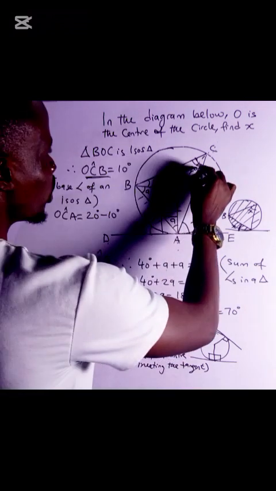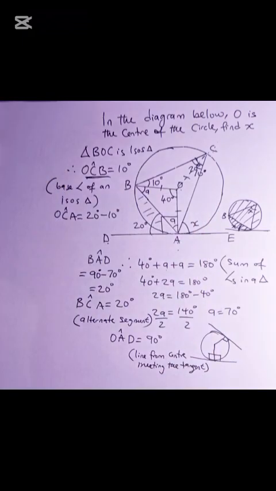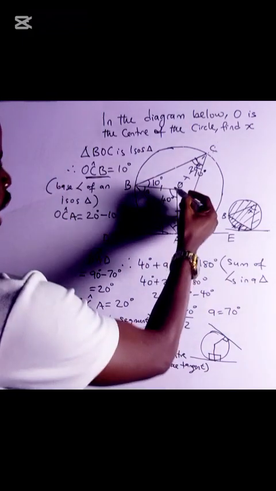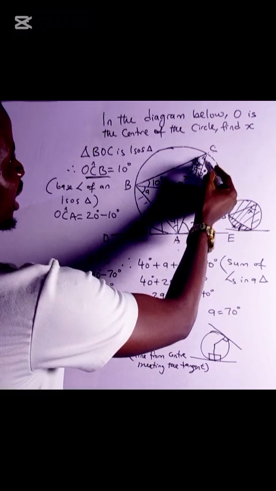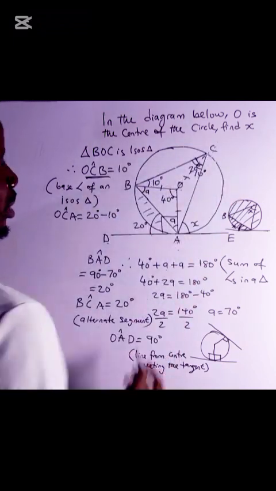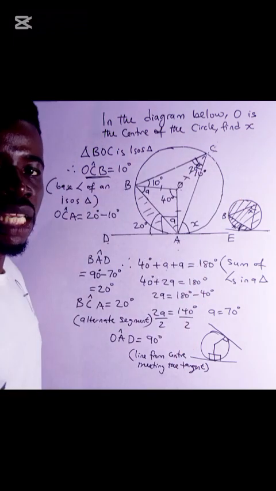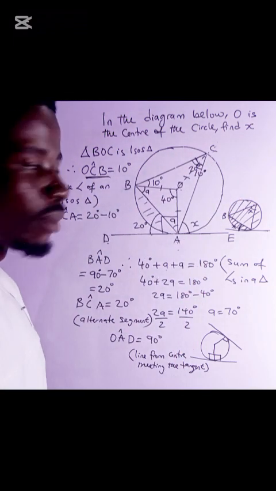So here we also have 10 degrees. Do you see that? So it means that line OC is bisecting the angle BAC, or dividing the angle BAC into 2 equal halves. Is that okay?